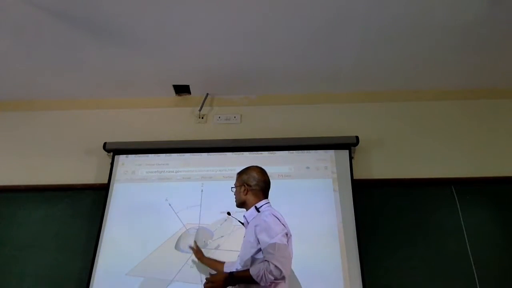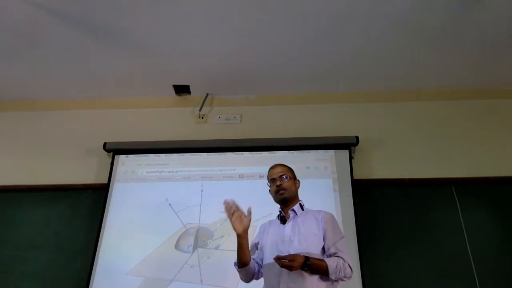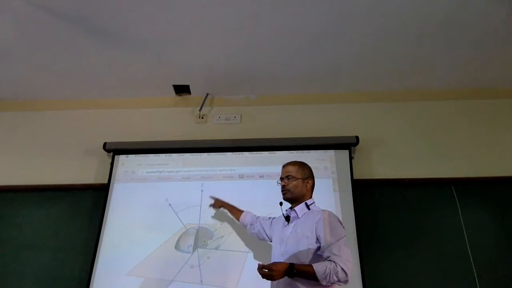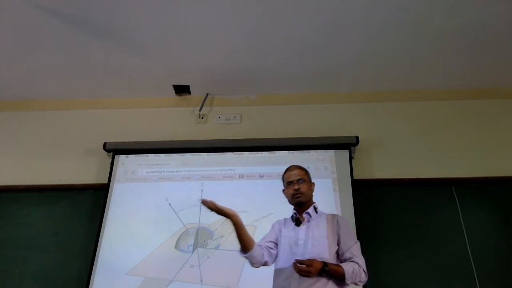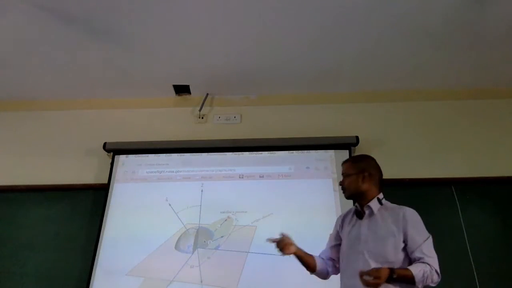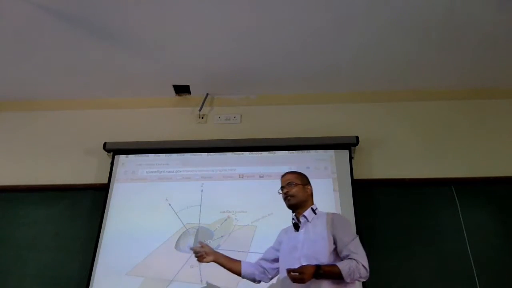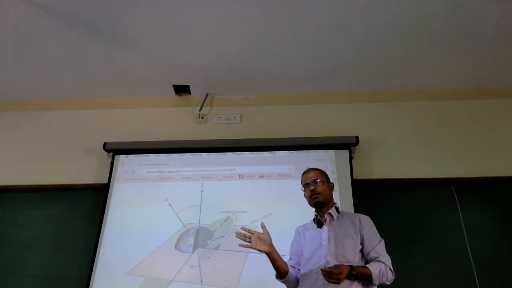This is the z direction. The z direction passes from the center, this is the axis of rotation, or it is perpendicular to the equatorial plane. So this is the equatorial plane. The square one is the equatorial plane. You always use the right-handed system.